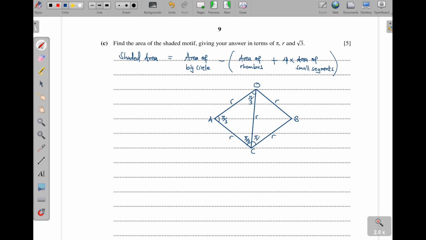Same here. So these two triangles are congruent. They have the same area. So that means if I'm finding the area of this rhombus, then it will be area of one triangle times 2. Okay?